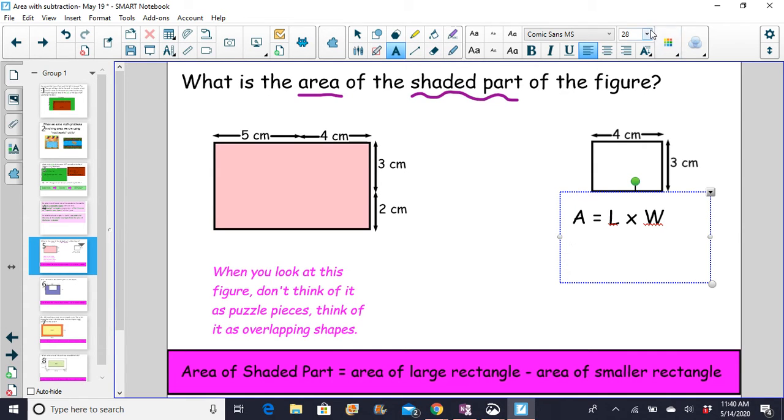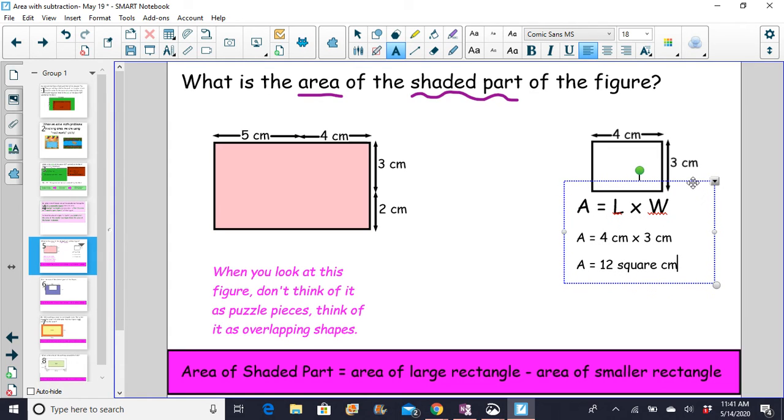So area equals, I have a length of 4 centimeters multiplied by a width of 3 centimeters. So the area of that white smaller rectangle is going to be 4 multiplied by 3, which is 12 square centimeters. Okay, so that's going to be 12.